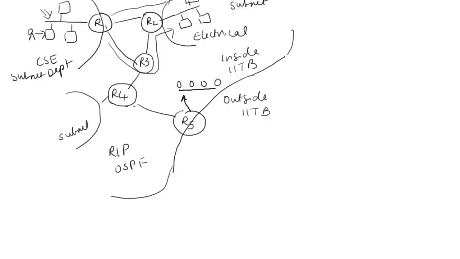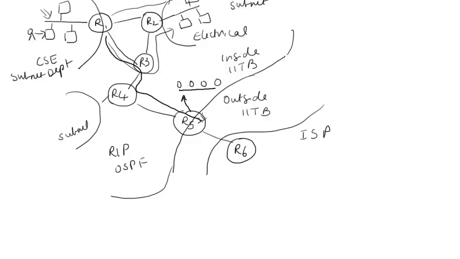Basically what this tells is I can reach anything that is outside IITB. Now going back to our Google packet, R1 knows that since this is not within IITB, this corresponds to this default address, so it is going to route it all the way to R5.